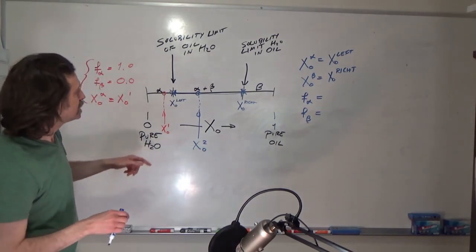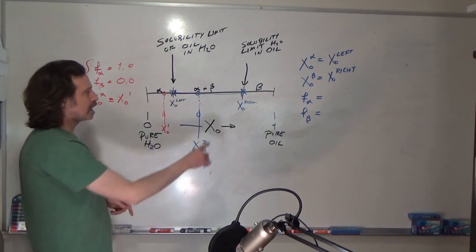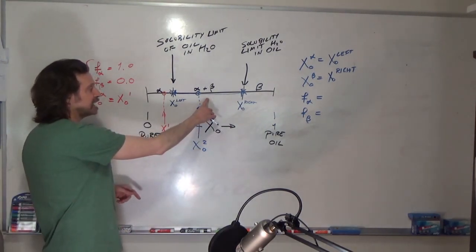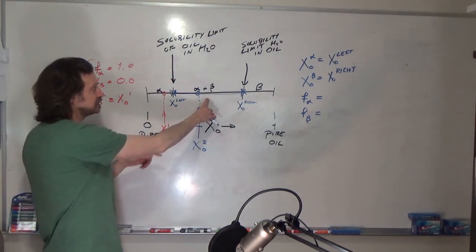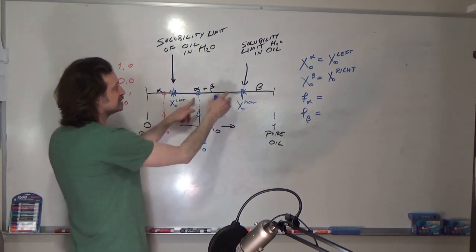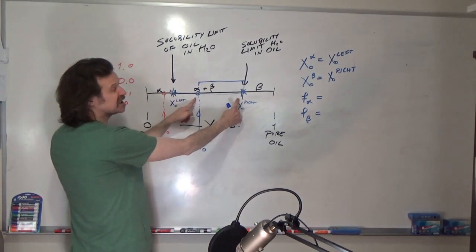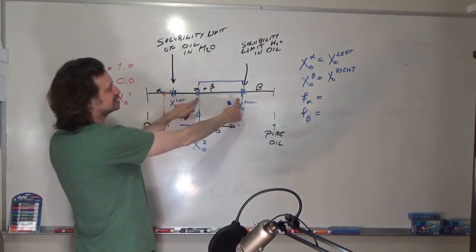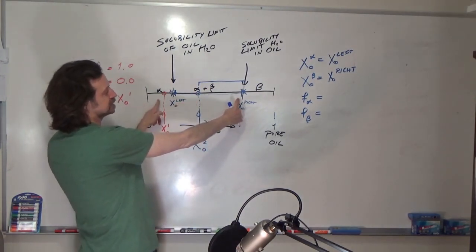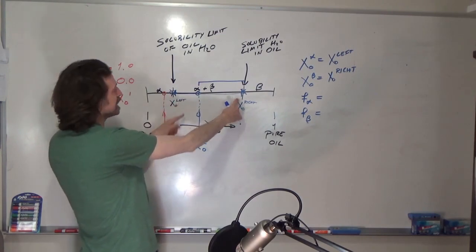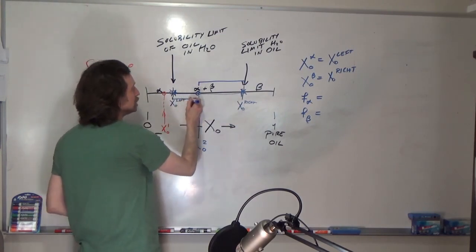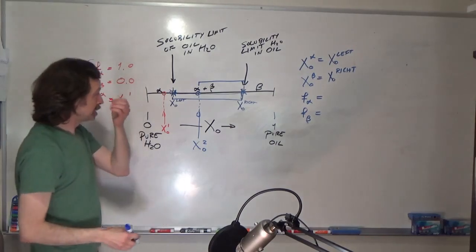And the reason people call it that is because you are in the two-phase region, and in order to talk about the fraction of alpha, you look at the distance here to here, which is away from the alpha, because it's not nearest the alpha phase, and divide that by the total length.